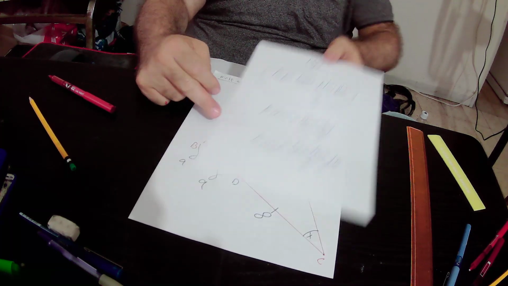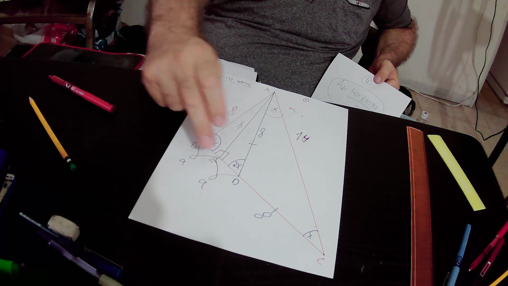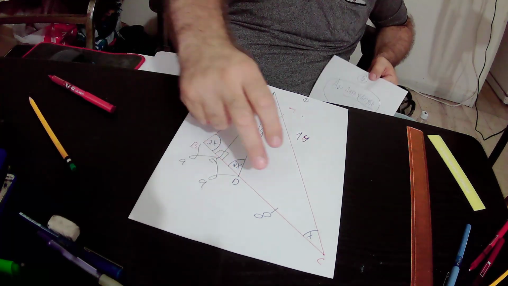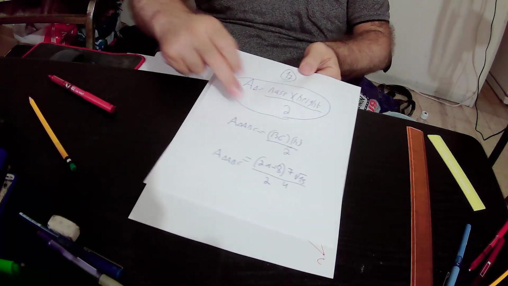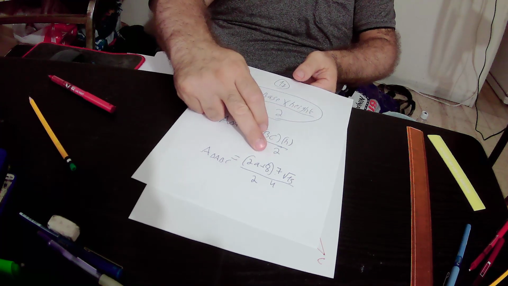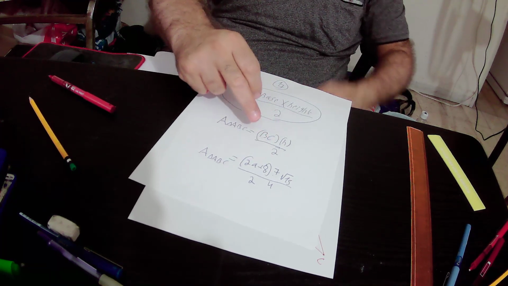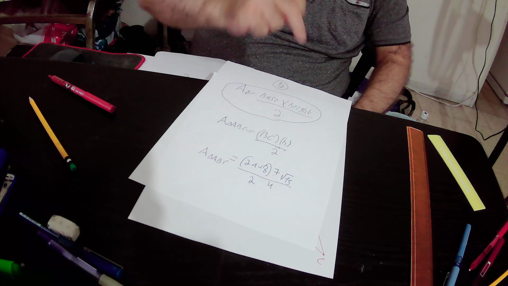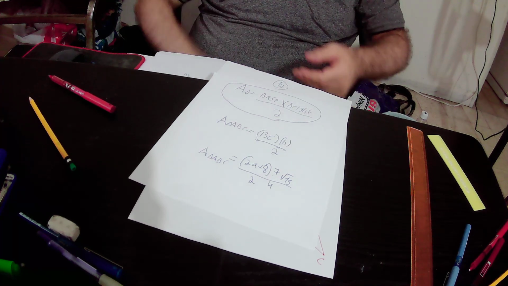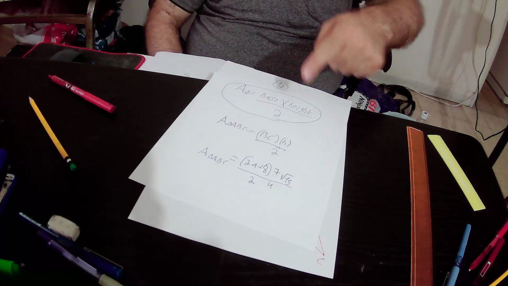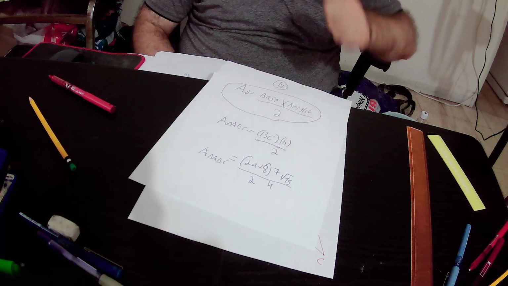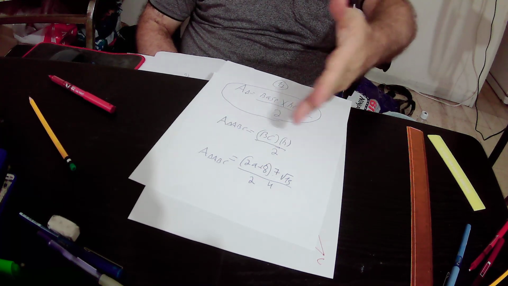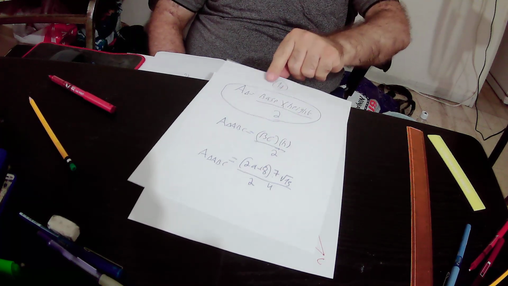But BC equals A plus A plus 8, that is, BC equals 2A plus 8, and H equals 7 over 4 times root 15. And we know that A equals 17 over 4. So we have all the variables inside this equality.